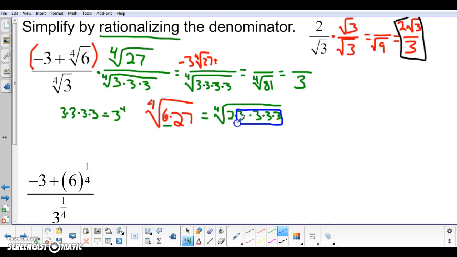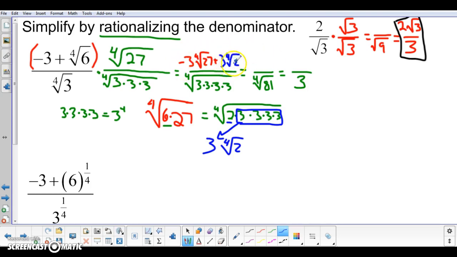The 4th root of 3 to the 4th is again going to be 3. So I can take out a 3 from that expression like we did earlier, which leaves me with the 4th root of 2, because that's the leftover factor. So I've got negative 3 times the 4th root of 27 plus 3 times the 4th root of 2.